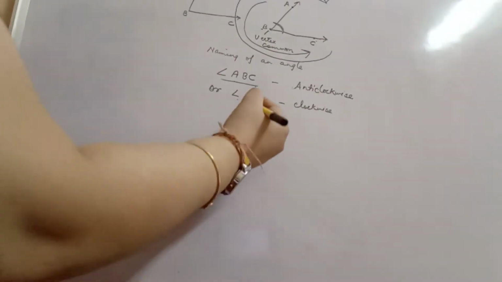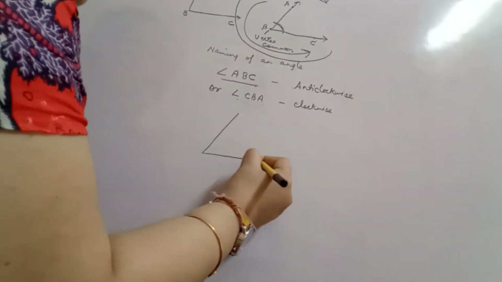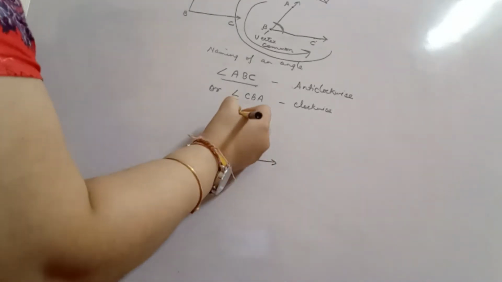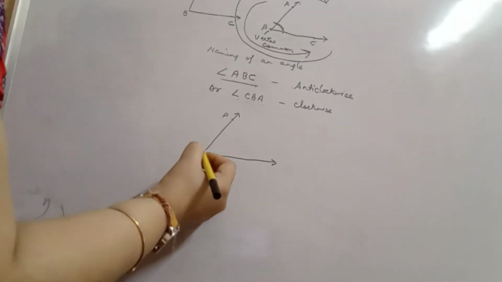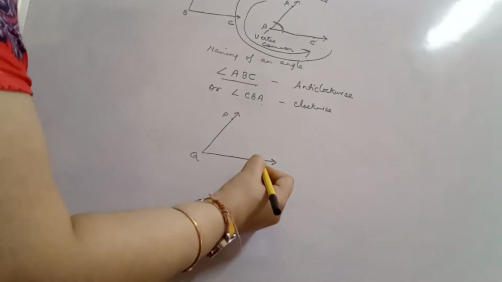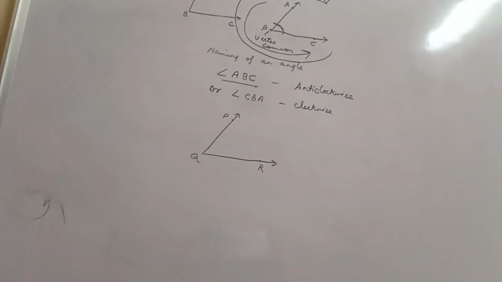Then there is another concept. Suppose I have an angle. Now you can name it as PQR. So remember, 3 points means an angle.